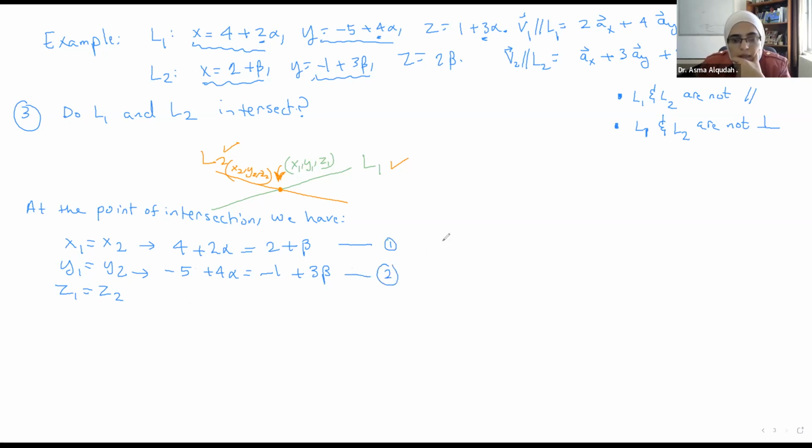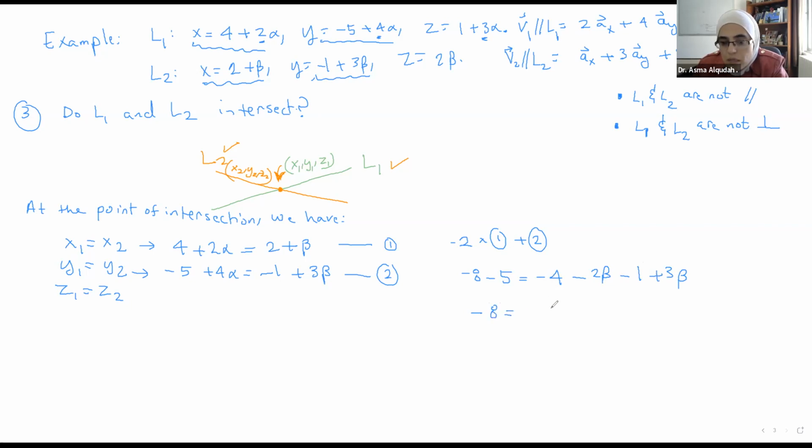What we need to do is multiply equation 1 by minus 2, then add equation 2. So what we get is minus 8 minus 5 is equal to minus 4 minus 2 beta minus 1 plus 3 beta. So minus 13 plus 4 is equal to minus 9 plus 1, minus 8.